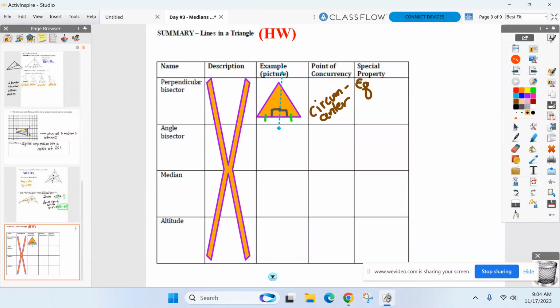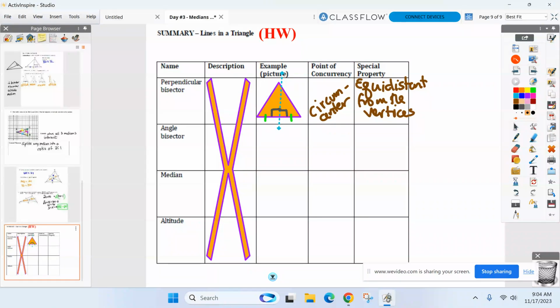All three? Yep. Okay. It's equidistant, the same distance from all three vertices, that point. From the vertices. And then you guys are taking it over from here now.